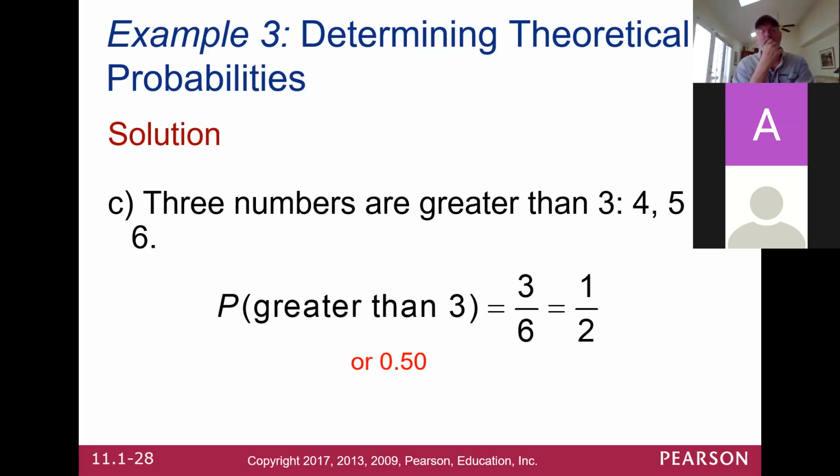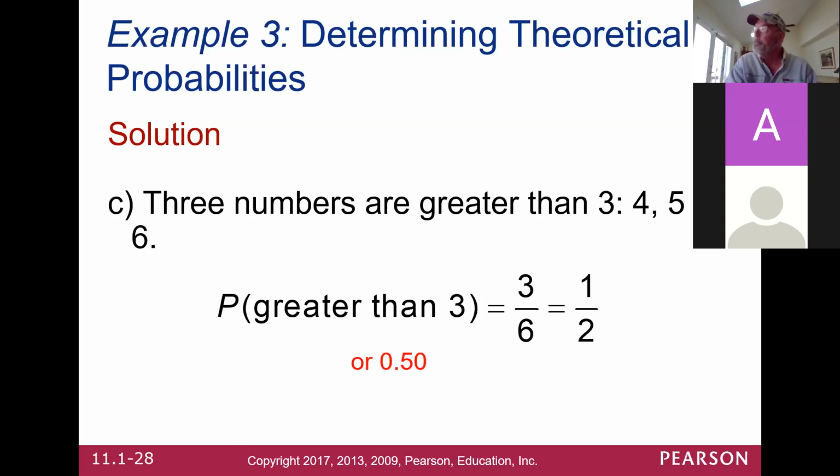Okay, so what is the probability of rolling a 7? 0. Yeah, everybody knows that, right? Because it's an impossible number. It's not there, so the probability would be 0.